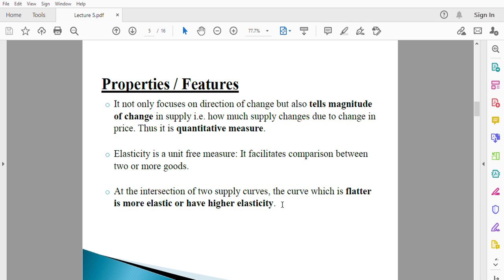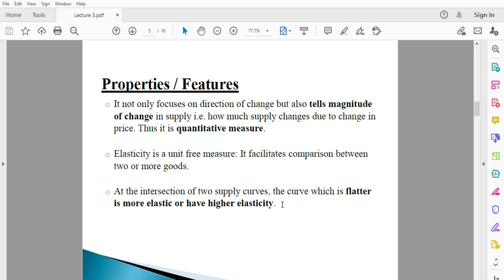So it doesn't just tell us that, oh, when price increases, quantity supplied will increase, but it tells us by what margin or by what magnitude the quantity supplied will increase. Right. So it tells us how much supply changes due to change in price. So it's a quantitative measure.